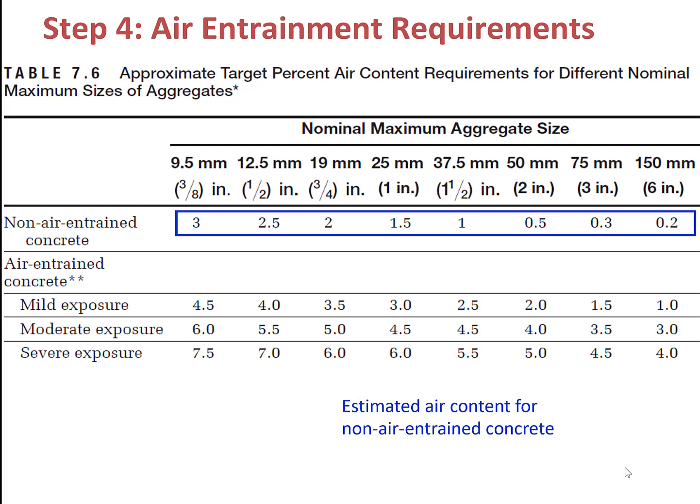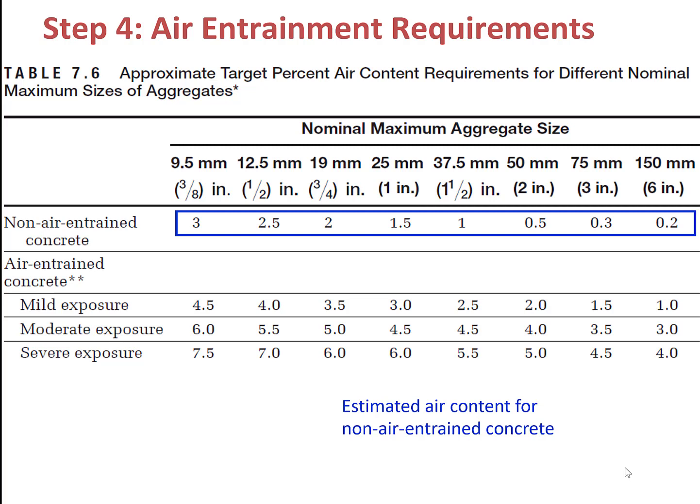Moderate exposure means some freezing exposure occurs, but concrete is not exposed to moisture or free water for long periods of time prior to freezing. And severe exposure means concrete is exposed to de-icing salts, saturation, and free water.